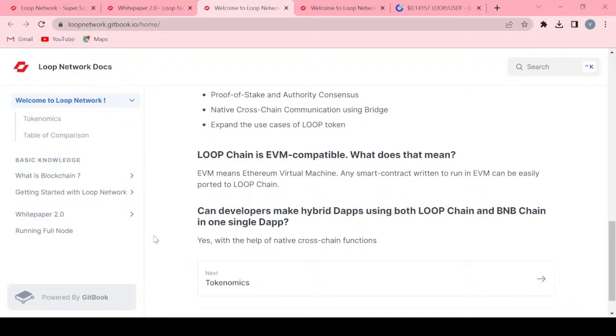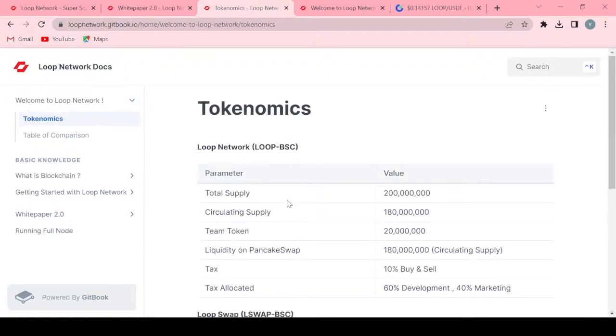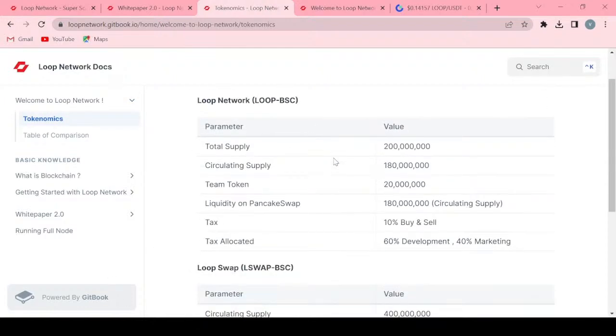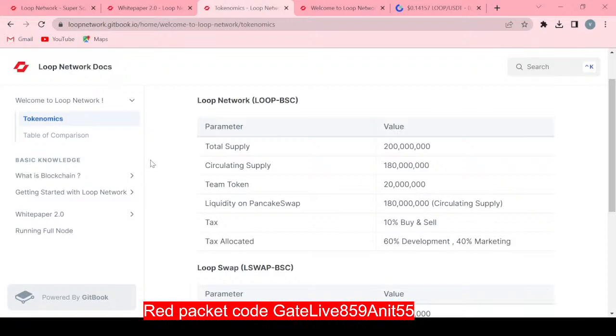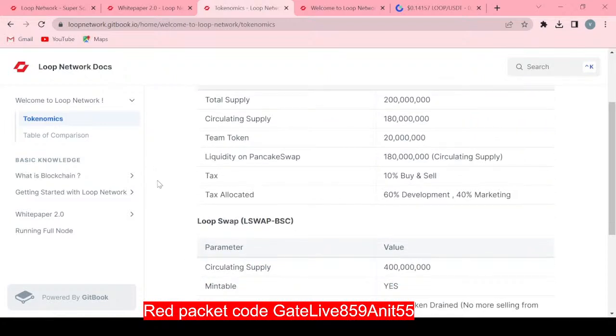Okay, so let's look at some tokenomics, because we don't have anything yet about the roadmap of loop network. Let's talk about the tokenomics included here, and also see how to get started with loop network.